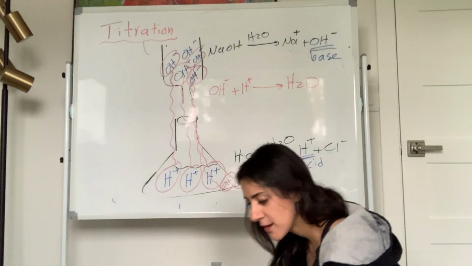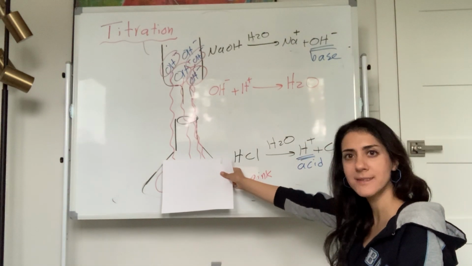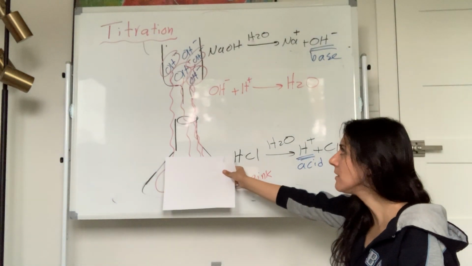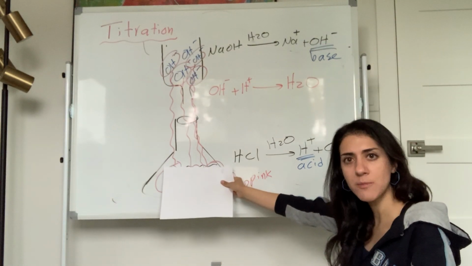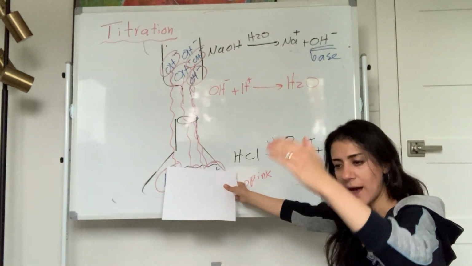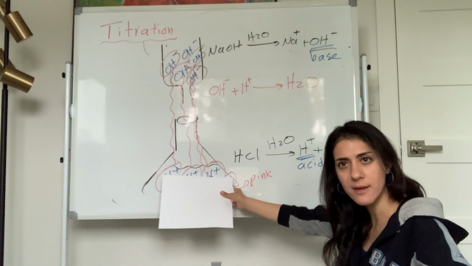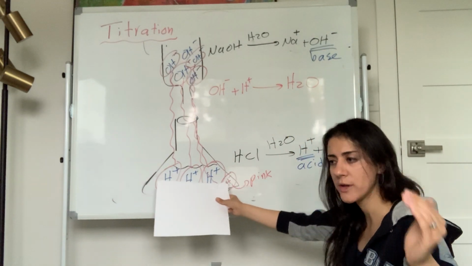Now here's the thing. Remember what we talked about? You did not know how much acid you had. How many OH did you add before it turned pink? I added 3 OH, and then when I added the fourth OH, it turned pink.